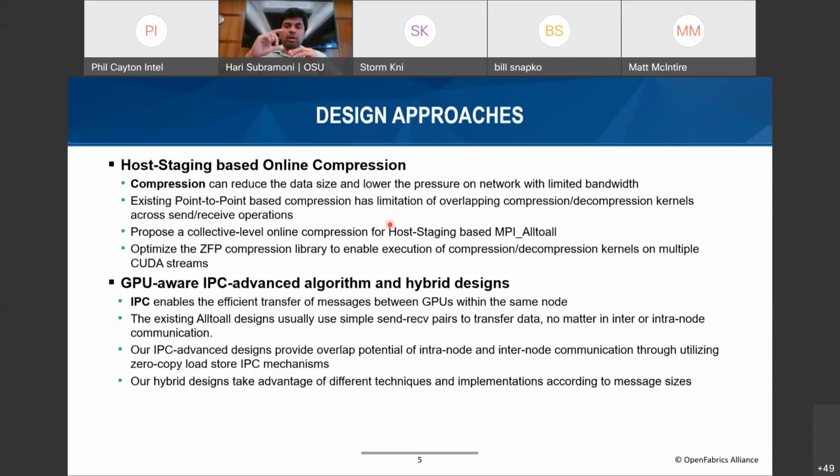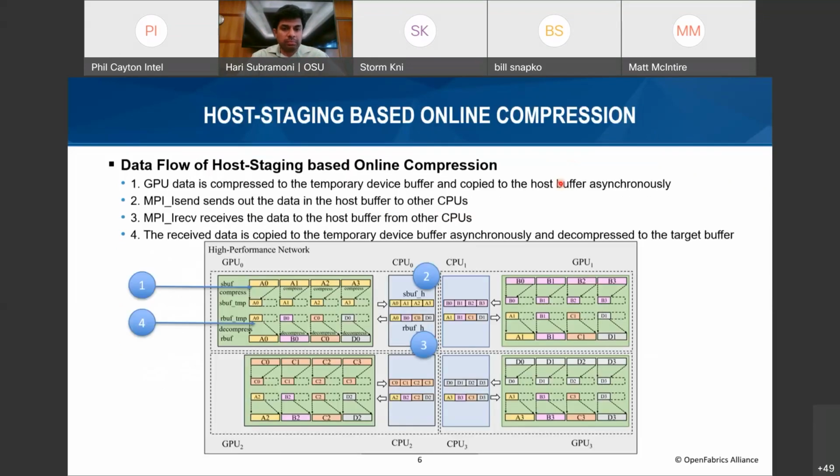But there is a lot that happens in translation when you move from the collective level to the point-to-point level. So here what we are trying to see is, can we get additional benefits by doing the compression at the collective level itself? Okay. Now, how are we going to achieve this?